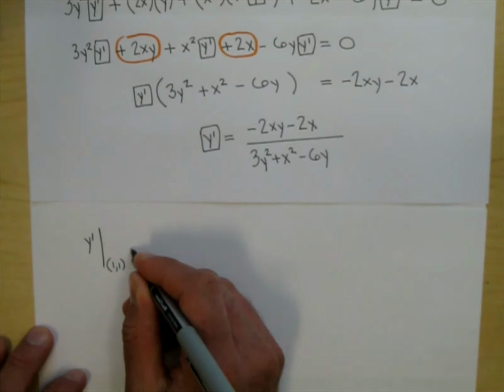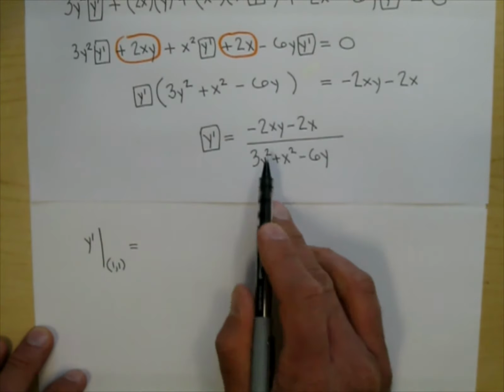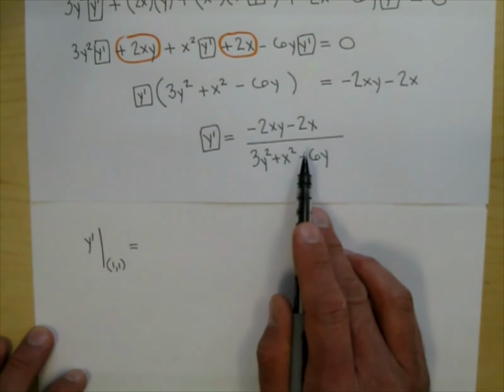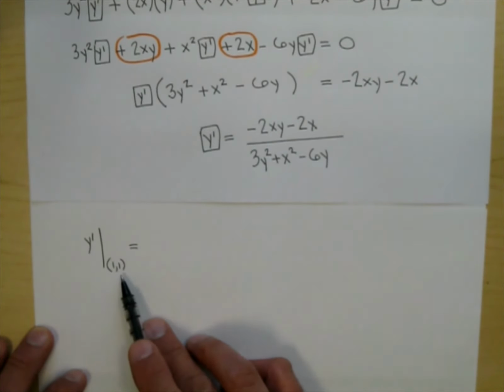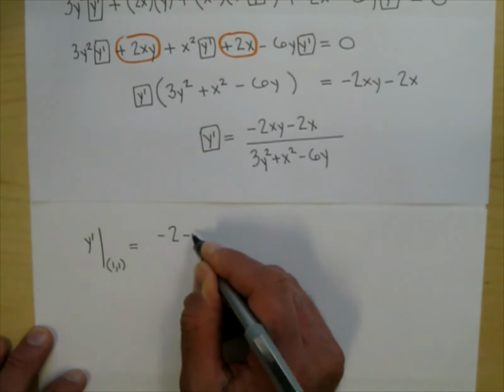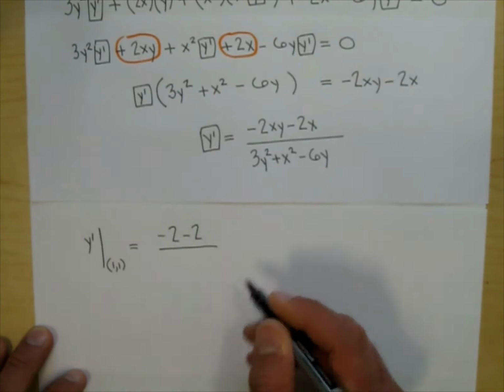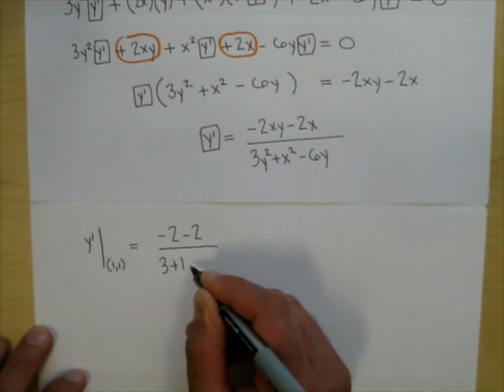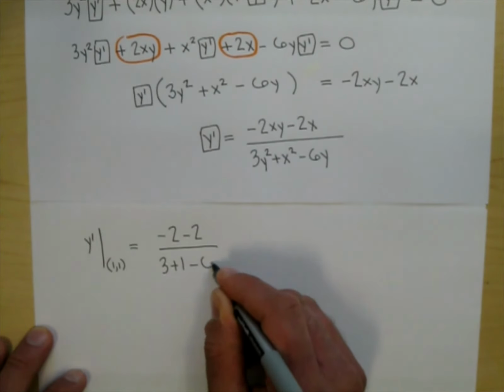So what do we have here? This is pretty simple to do because they're both 1s. I mean, if one was a 1 and one was a 2, you'd have to be careful where you're plugging those numbers in. So the top's going to be negative 2 minus 2. The bottom is going to be 3 plus 1 minus 6.